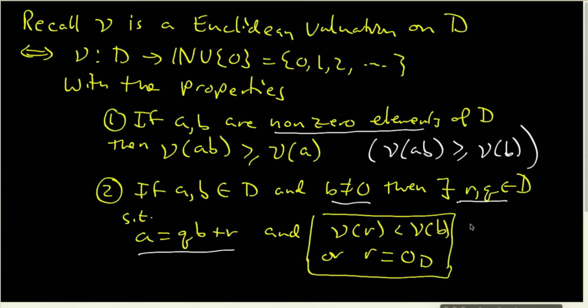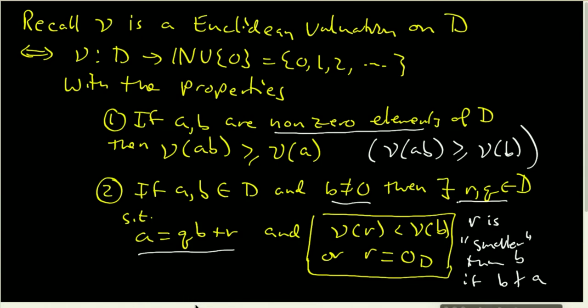This basically says R is somehow smaller than B if B is not dividing A.